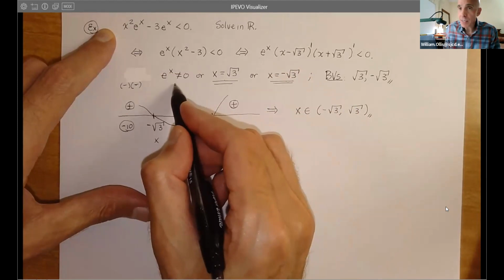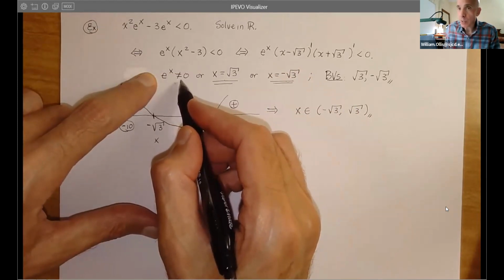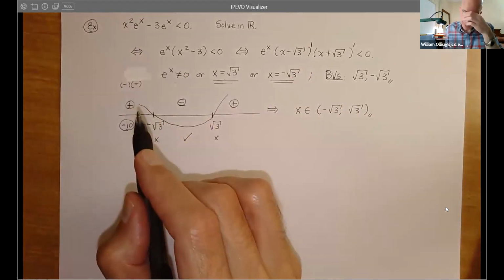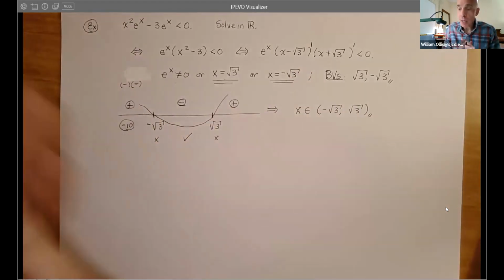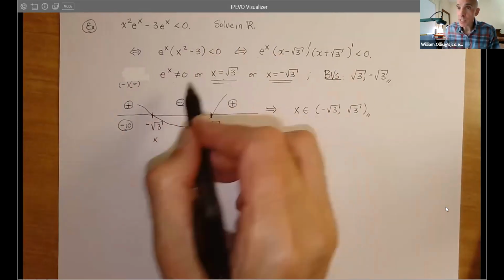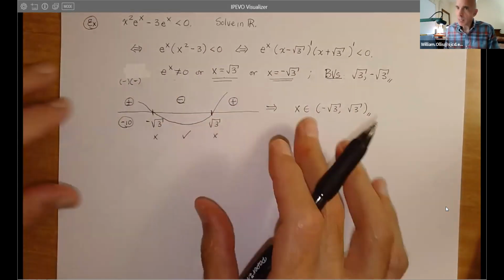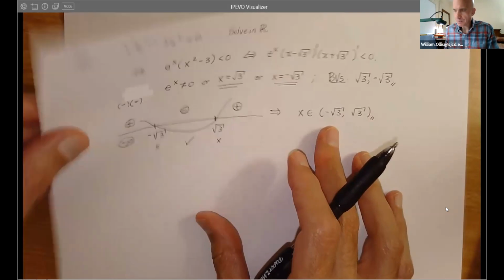That's an attribute of the exponential function, which we will use over and over. The beauty of a lot of these functions is that they have some real simple characteristics. We just have to remind ourselves of them so that we don't make careless mistakes. Okay, so a nice example, but not a very hard example.